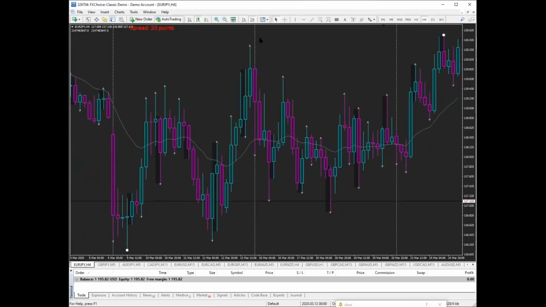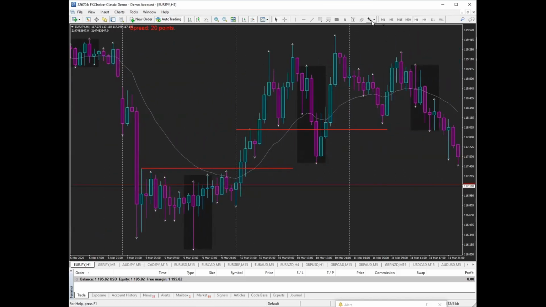Let's break it down. 1, 2, 3. Let's just do it real quick. This is gonna be easy. 1, 2, 3. Close above 3. 1 hour. Close above 1 hour.